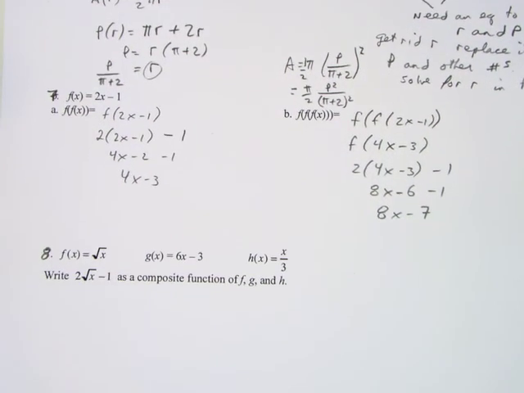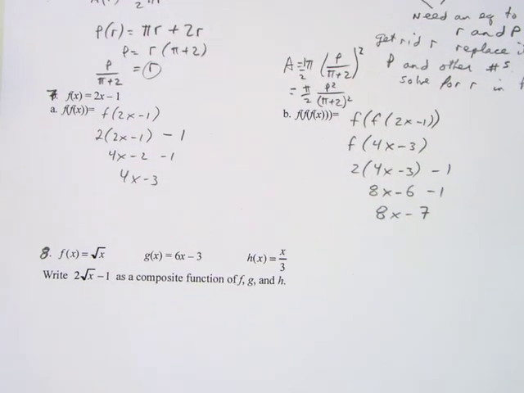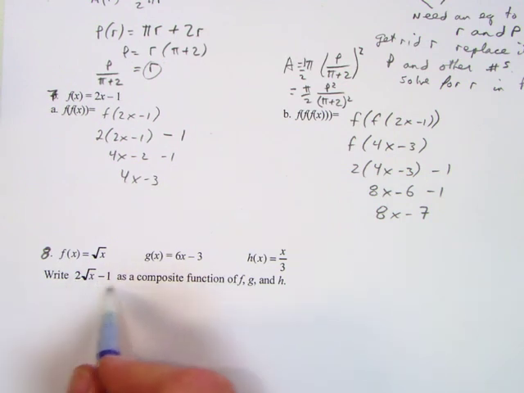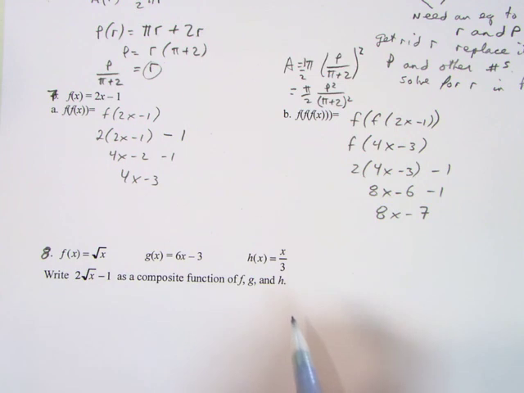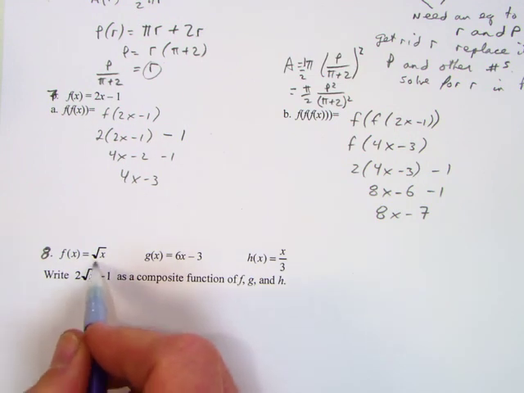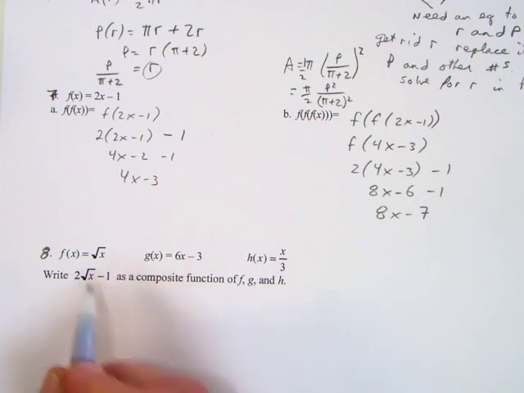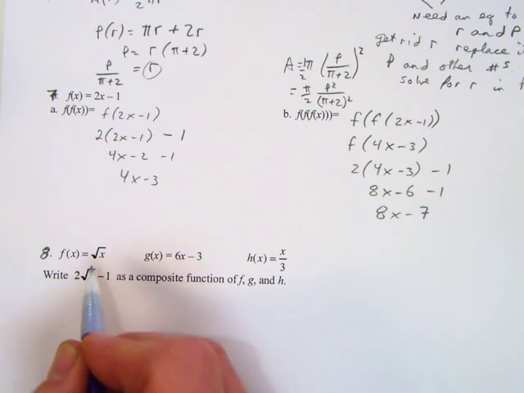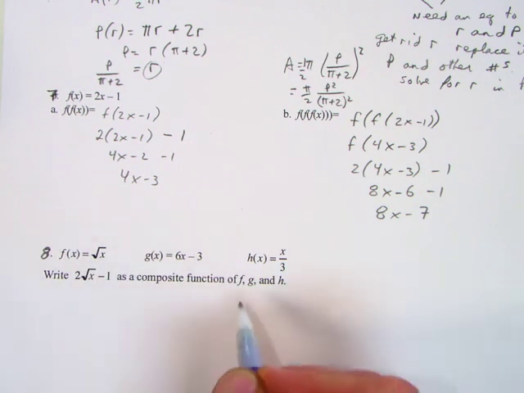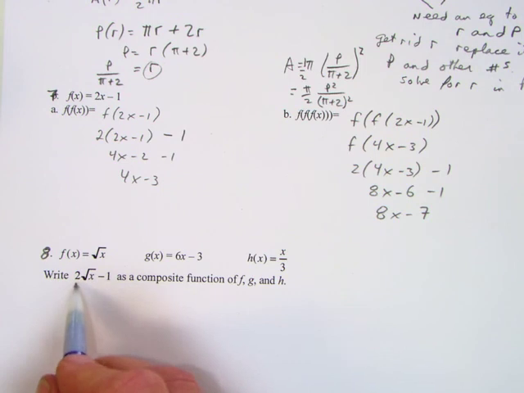And one more example in terms of looking around and seeing how do you create this expression using these 3 functions. We have 2 times the square root of x, and then minus 1. However we get that 2 and the 1, we'll have to look, but the square root of x is going to be plugged into it. How can we get 2 times something minus 1?